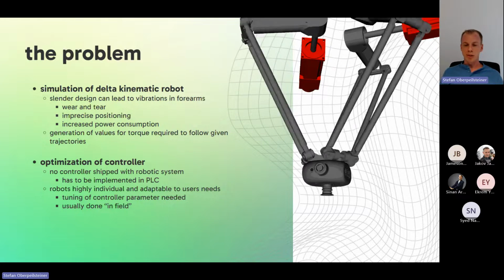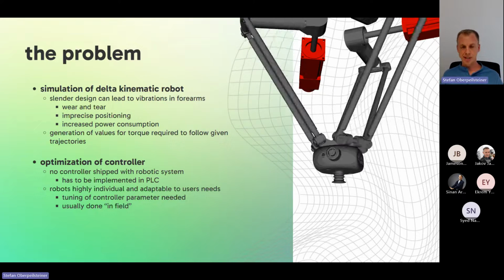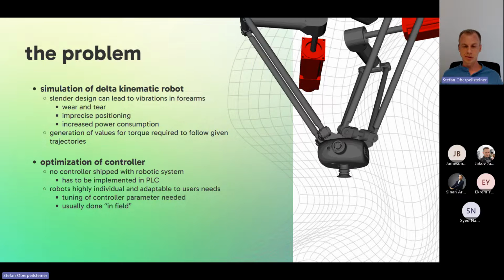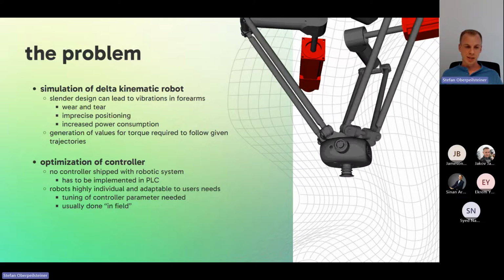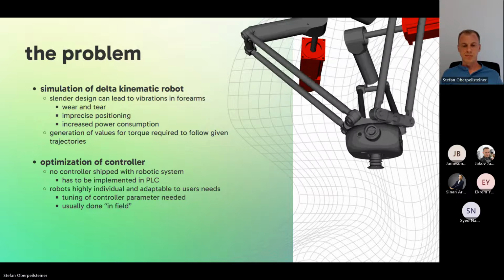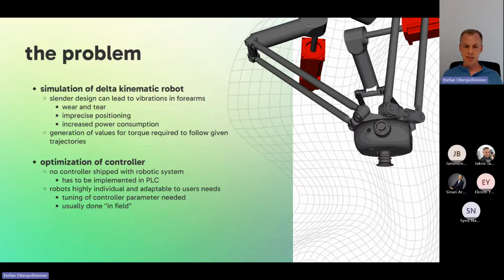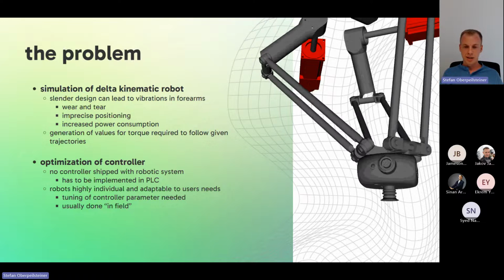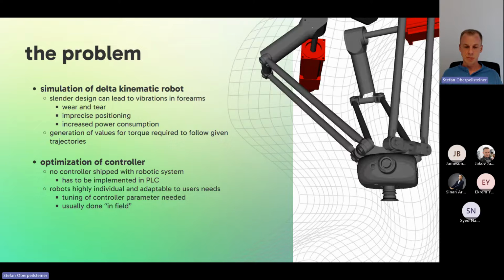So what was the problem? What you see here in this animation is a delta kinematic robot. That was the initial idea. We started the project with the idea to simulate such a parallel kinematic or delta kinematic robot. But as these robots have a slender design, so you see these forearms, they are very thin, and these are fiber reinforced composites.